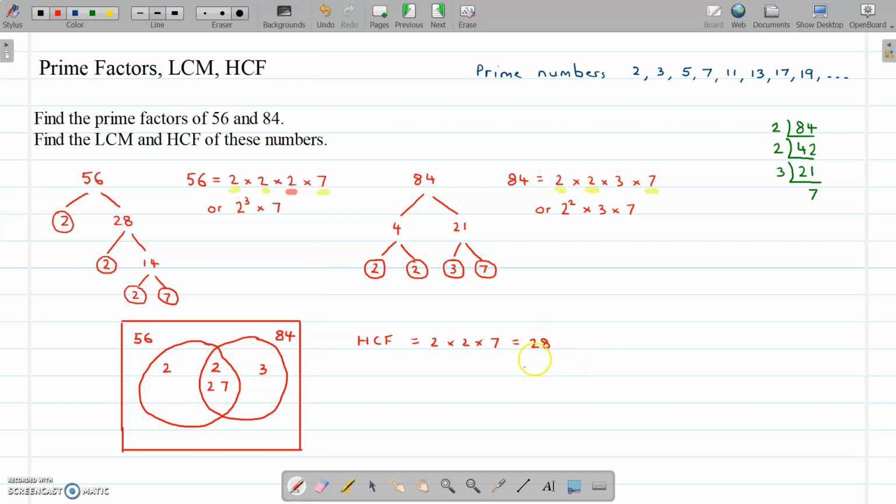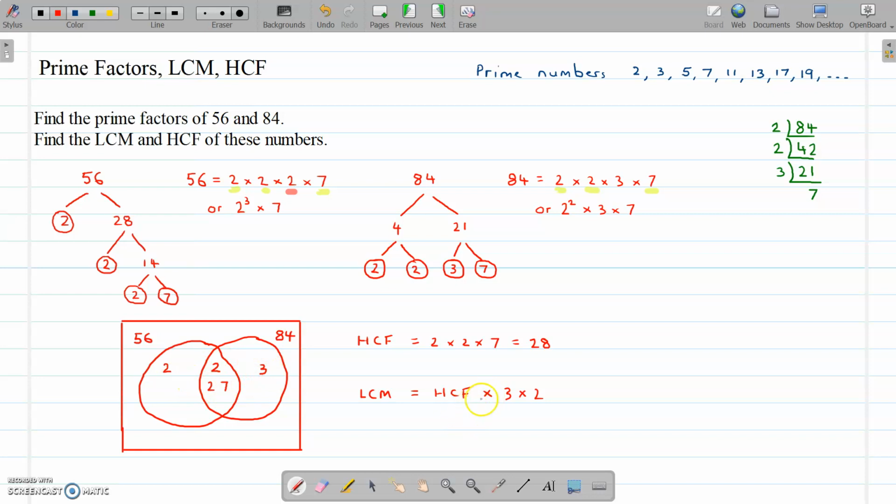All right, now what about the lowest common multiple? Well, it's easy. The lowest common multiple is simply the highest common factor multiplied by anything that's left over. Well, in this case, we multiply it by the 3 and by the 2, which are outside of the overlap, but inside the rings.